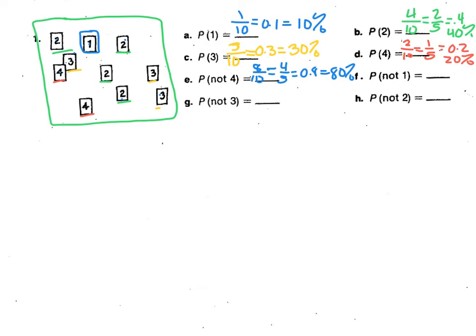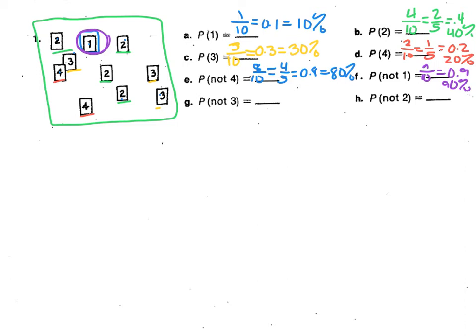All right, if you take a look at the next example, the question is, what is the probability of not getting a 1? Well, there's only 1 card in the deck, 1, in the deck. So that means there are 9 cards that are not 1s out of the 10 possibilities. So this is 9/10 or 0.9, which is 90%.